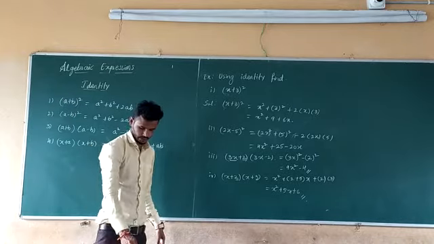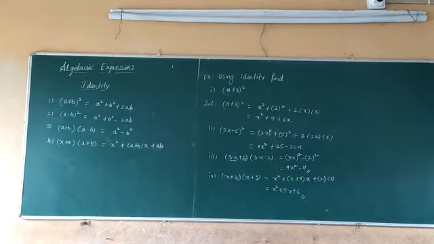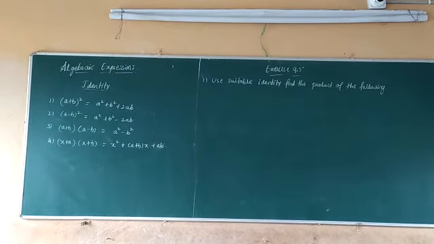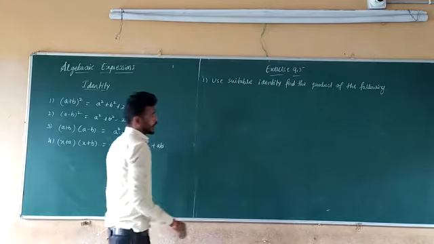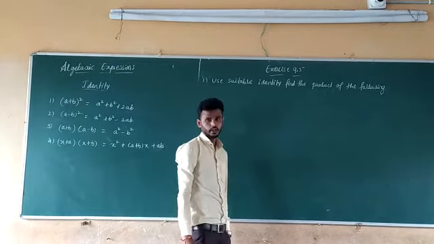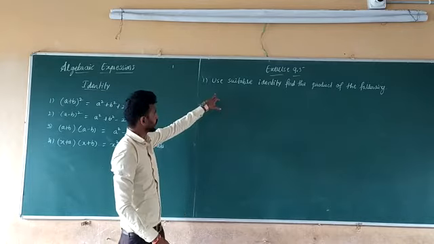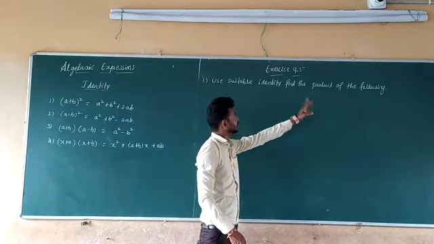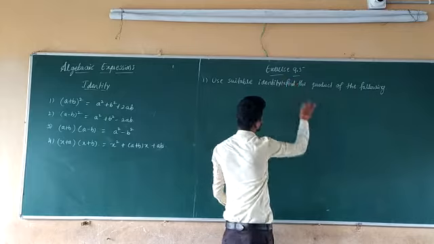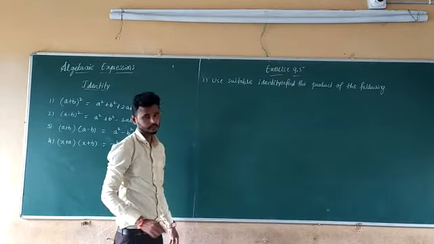Okay, we'll see the next question. Okay, let us see the exercise 9.5. In that first main question, use suitable identity to find the product of the following.